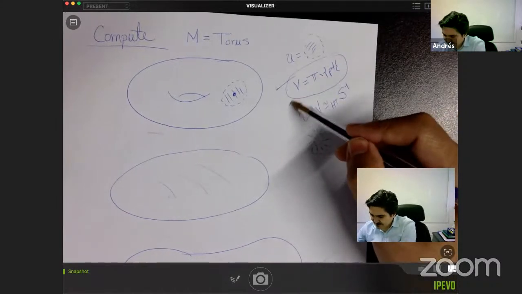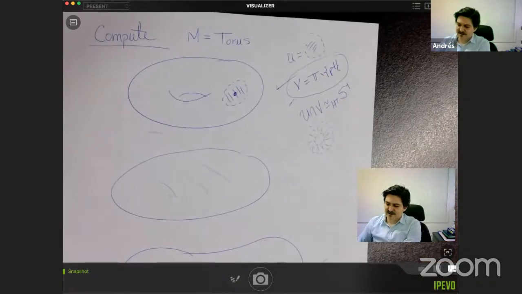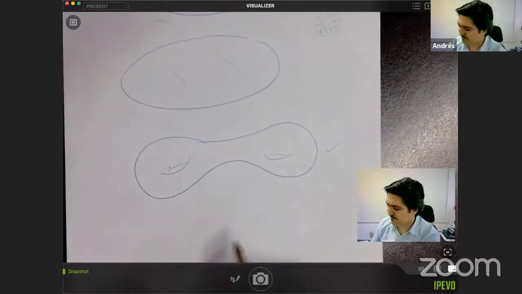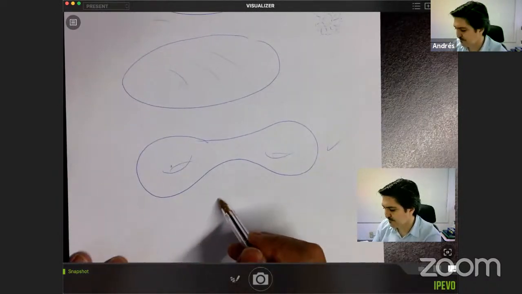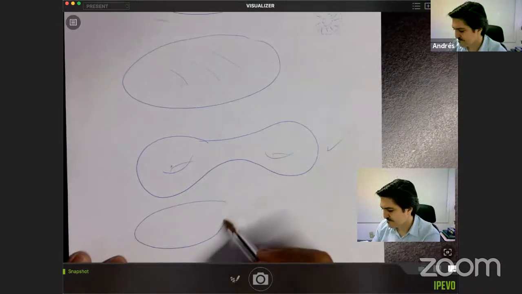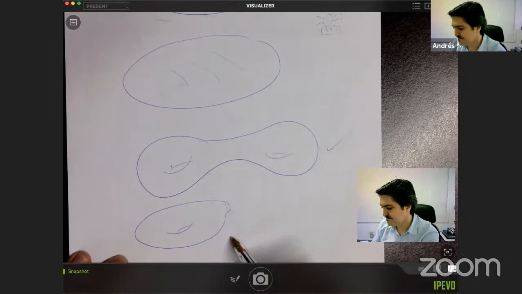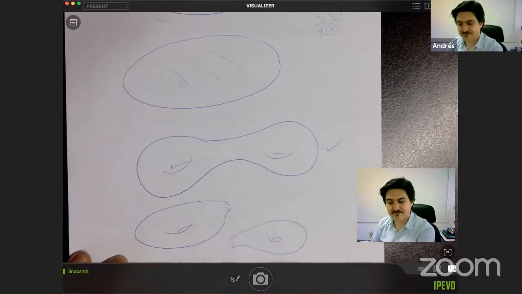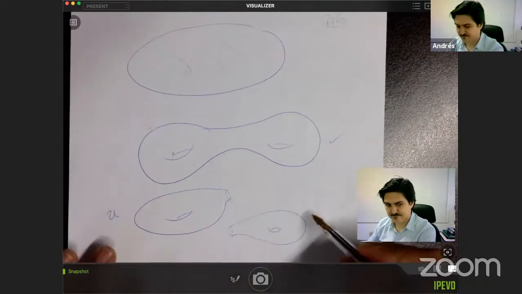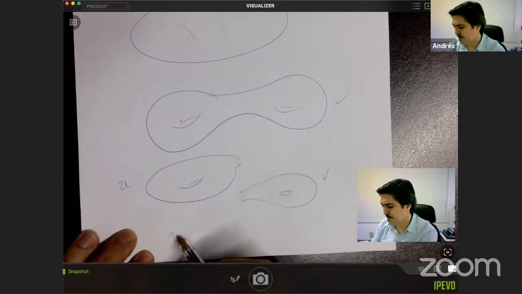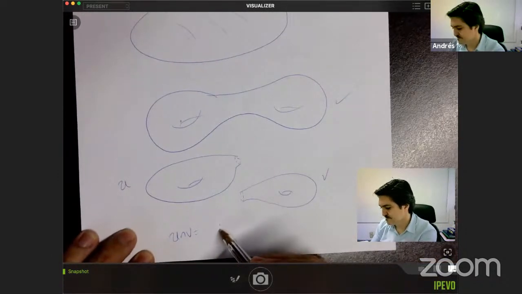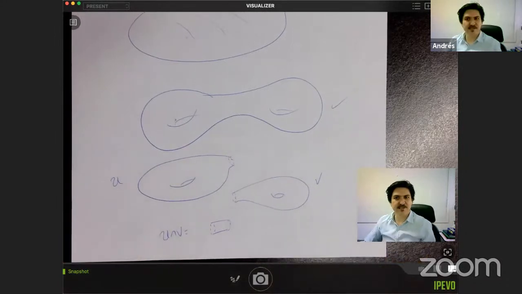And this will be useful for this because what is U? This is U. This is V. And the intersection will be a cylinder.